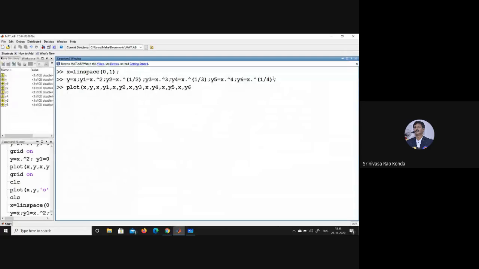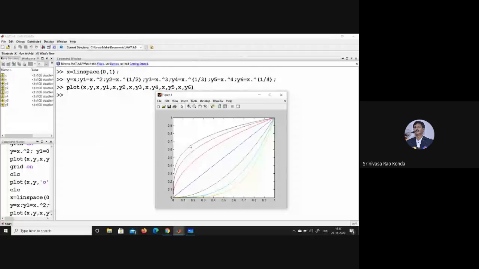This is y is equal to x, x square, x cube, x to the power of 4, cube root of x, 4th root of x. So these curves intersect at (0, 0) and (1, 1).